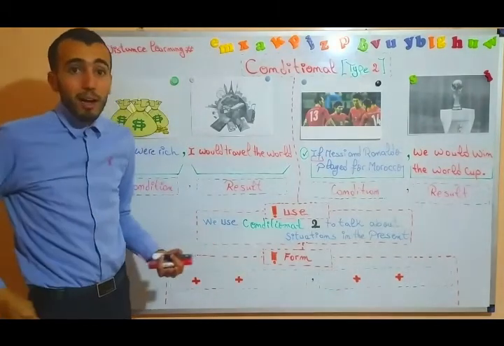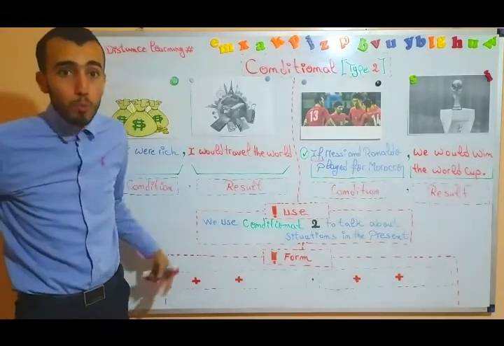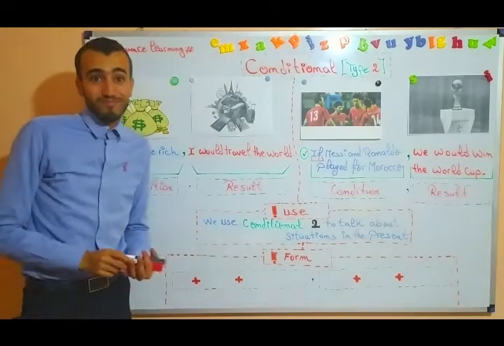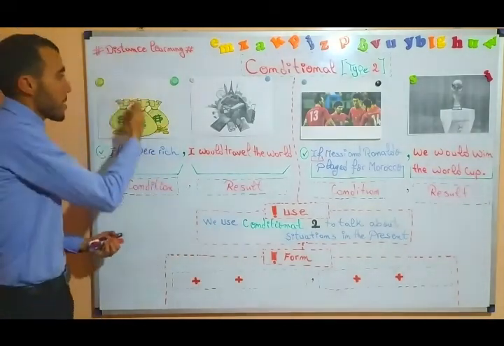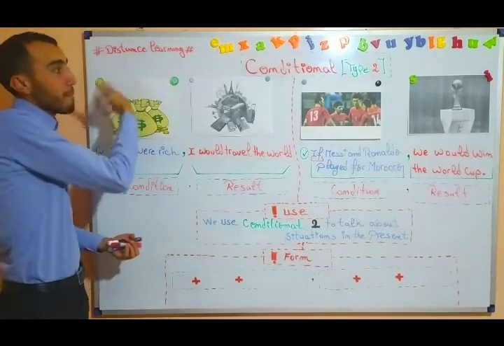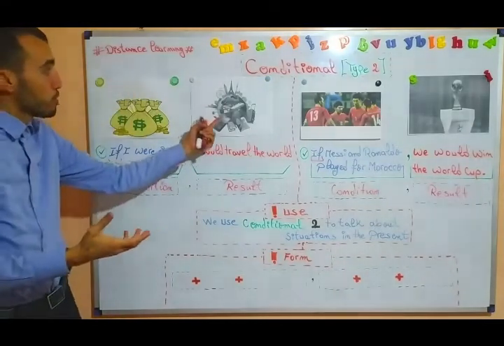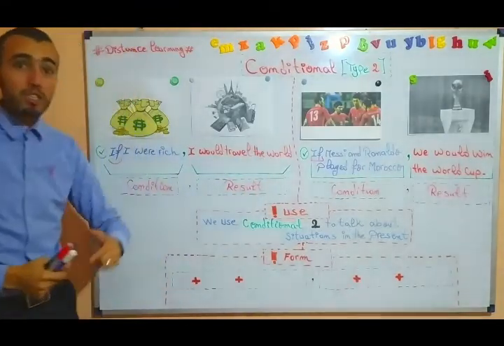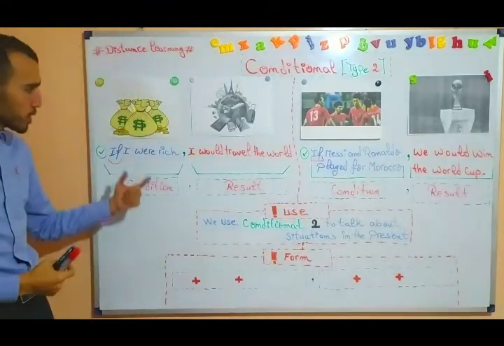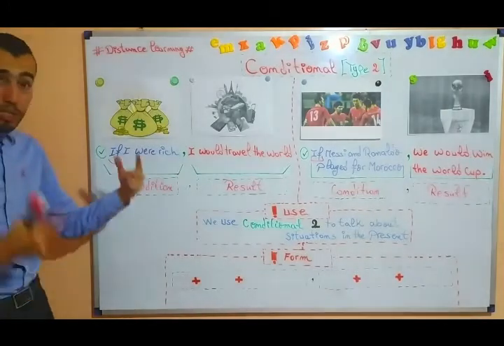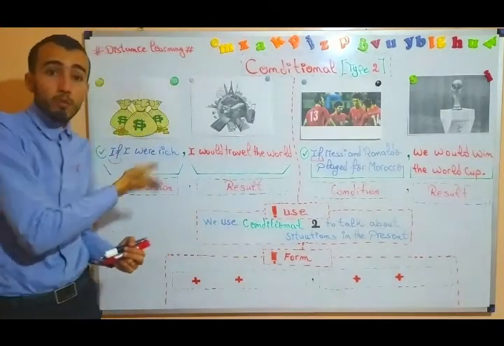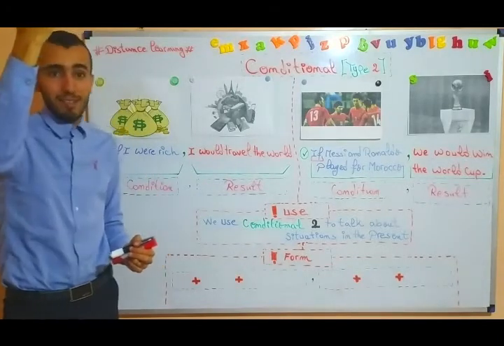In fact, I am poor. I don't have that amount of money, so I could travel to different parts of the world. This is the reality, which means I am just imagining. So the situation is imaginary.